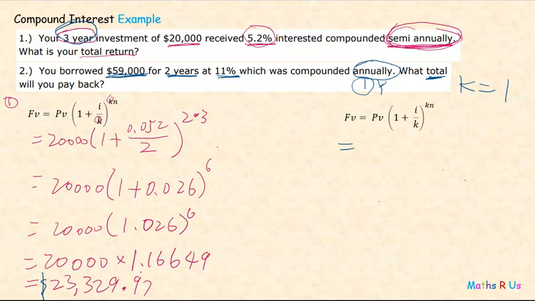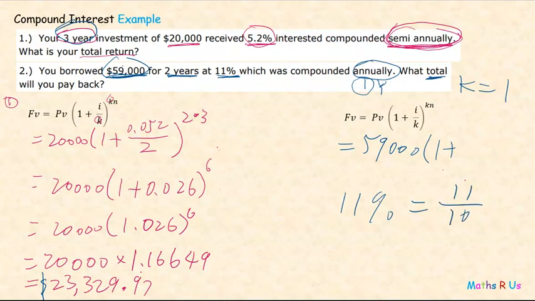The original amount in here is $59,000. The interest rate is 11%. That's 11 over 100. Move the decimal point twice. It will be 0.11. We put in there 0.11 over k, which is equal to 1.